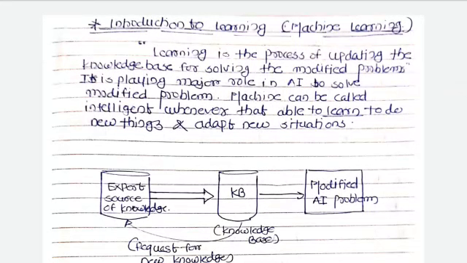First, what is learning? In general terms, whenever a particular operation or task is to be performed, there might be three chances. Suppose we take the example of a game. One party will win or another party will win.